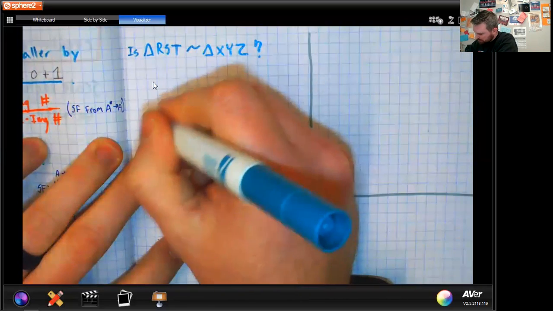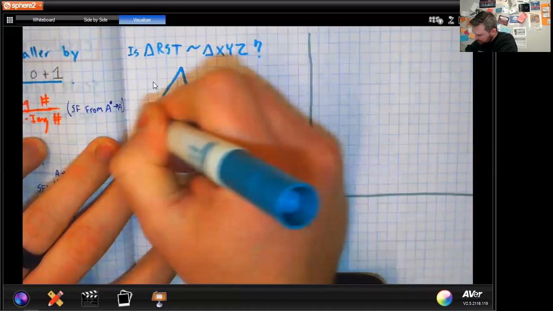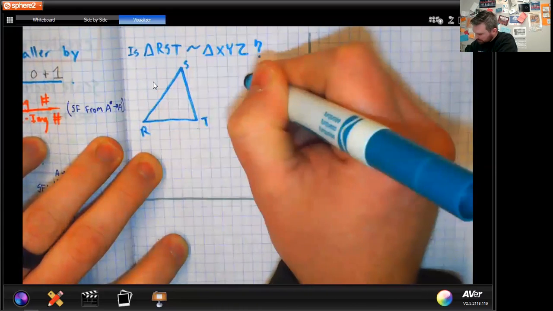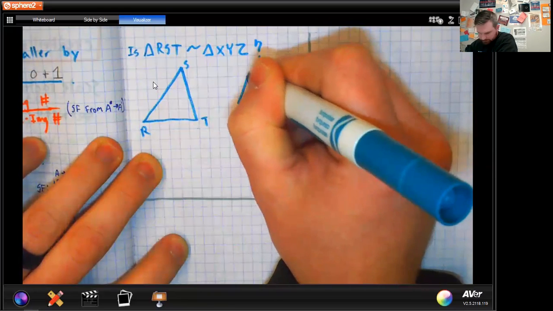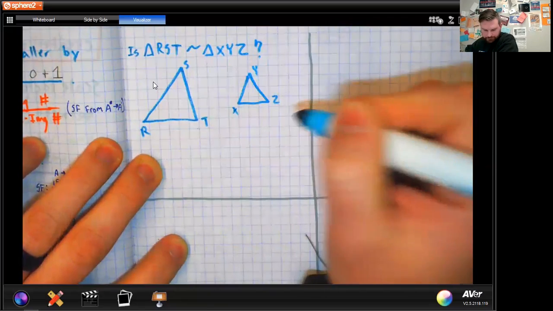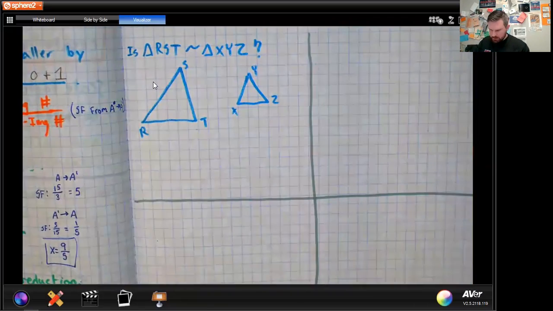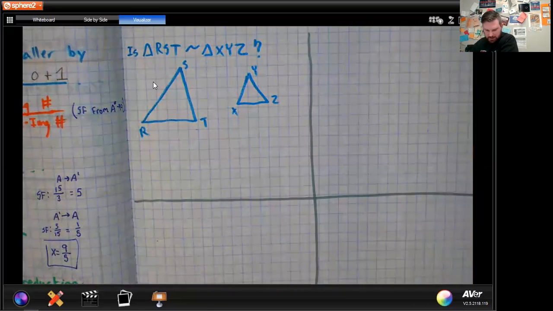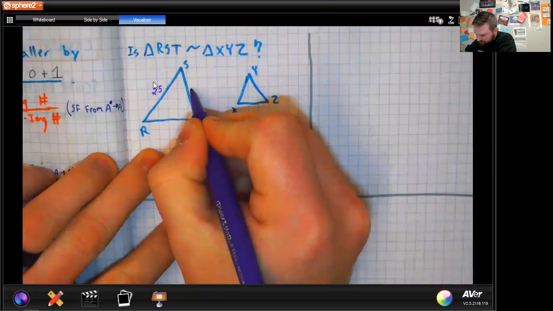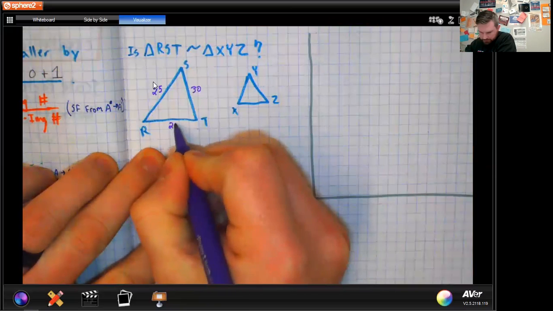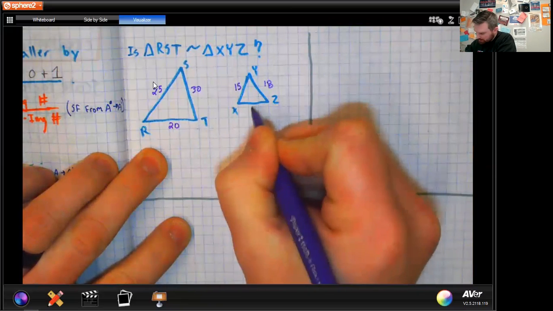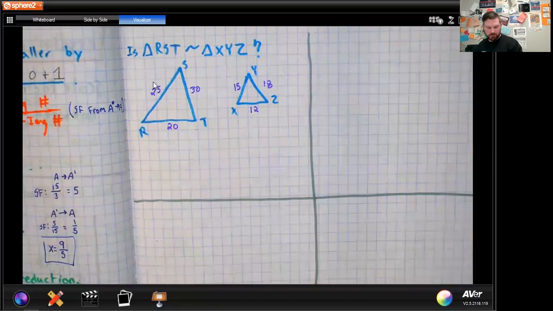So we've got this triangle RST. We've got this triangle XYZ. And then they give us some side measurements. So this is 25, this is 30 and 20, this is 15, 18, and 12.